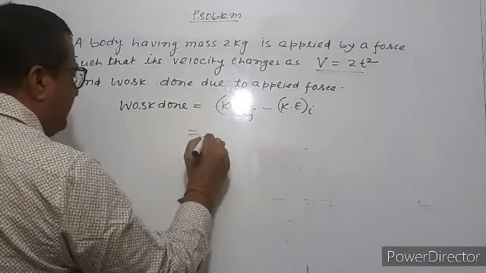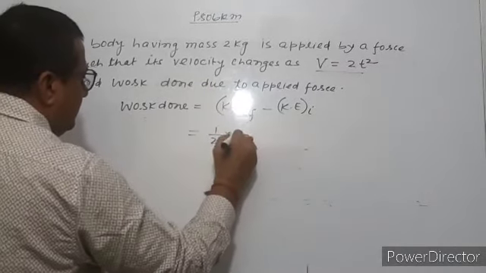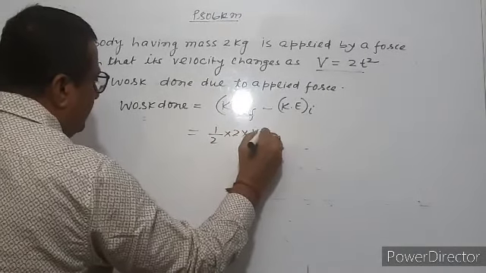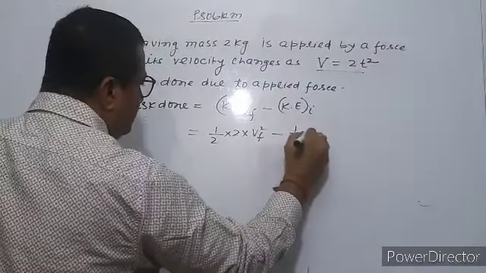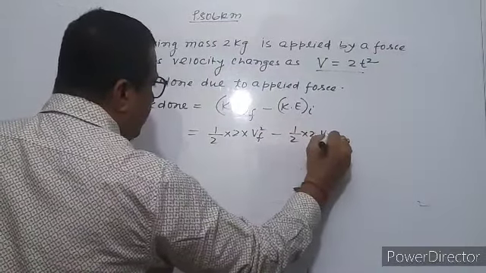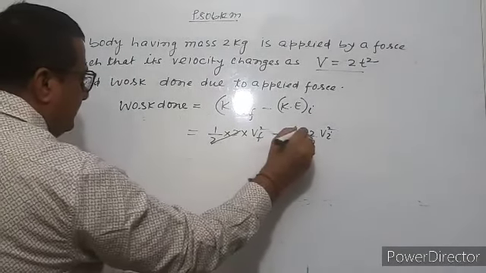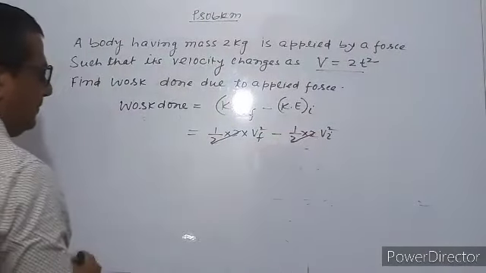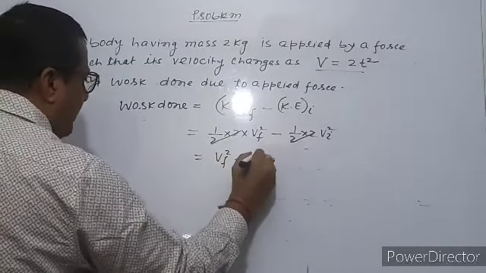That is half into 2 kg into vf square minus half into 2 vi square. The 2 will be cancelled. That will be equal to vf square minus vi square.